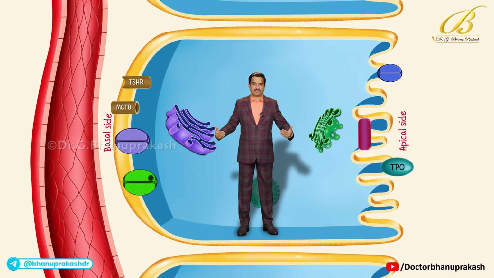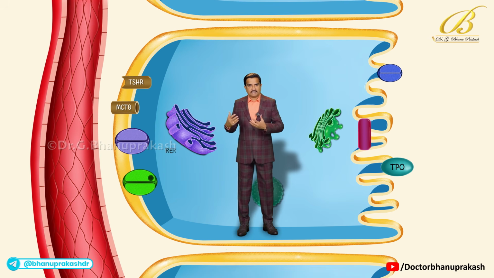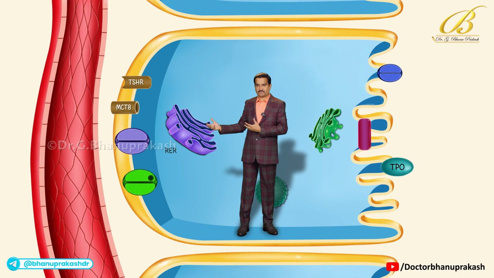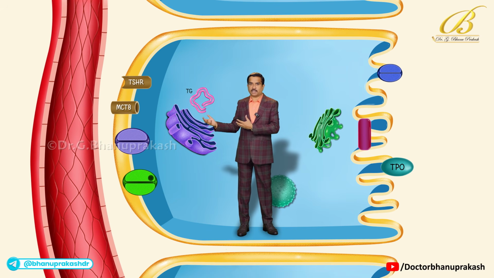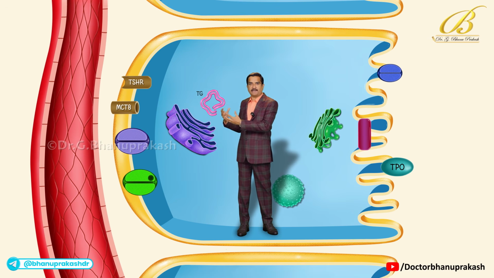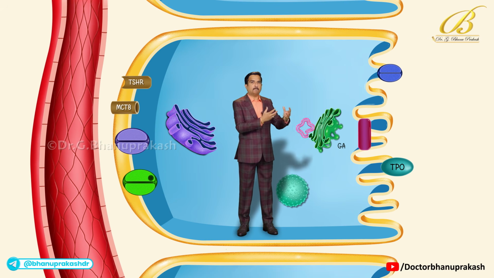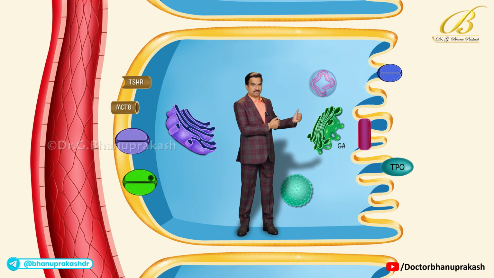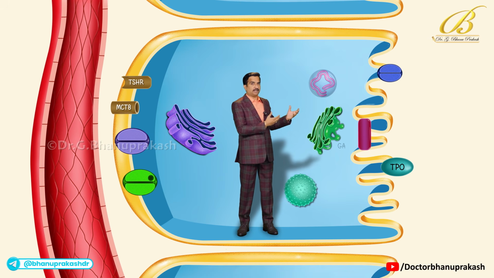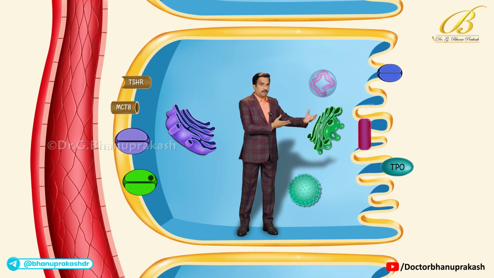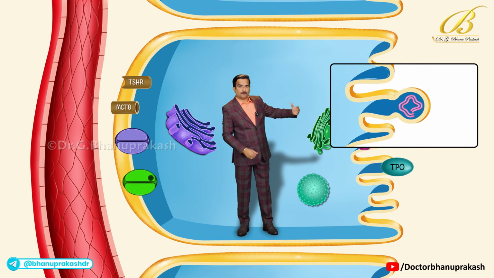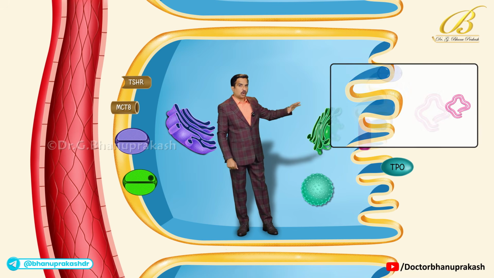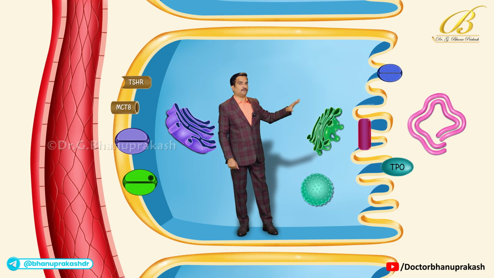As we begin inside the thyrocyte, the rough endoplasmic reticulum synthesizes the large glycoprotein called thyroglobulin. This thyroglobulin is then packed in vesicles by the Golgi apparatus, and from the Golgi apparatus it is secreted by the process called exocytosis finally into the follicular lumen, which is a colloid space at the center of the follicle.